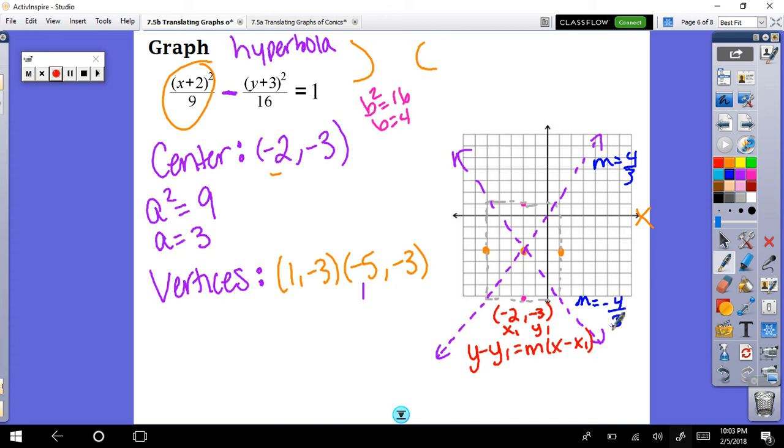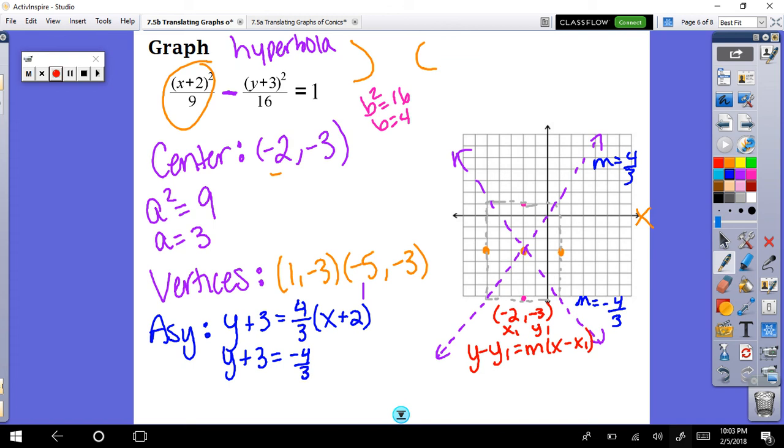So the equations of the asymptotes will be y minus -3, or y plus 3, equals 4/3 times x minus -2, or x plus 2. And then the other equation goes through the same point except it has a negative slope. So those are the two equations for my asymptotes.